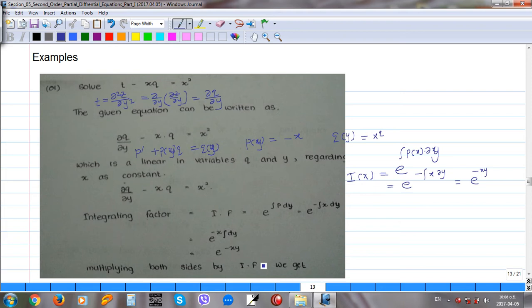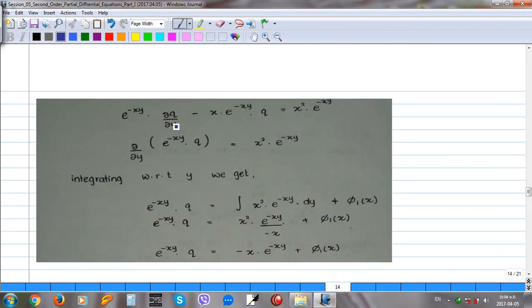After finding the integrating factor, what you have to do is multiply this whole equation by the integrating factor. So you have to write here e to the power minus xy, here e to the power minus xy, and also here e to the power minus xy. So e to the power minus xy times ∂q/∂y minus x times e to the power minus xy times q equals x squared times e to the power minus xy.